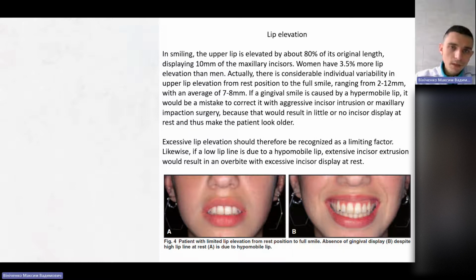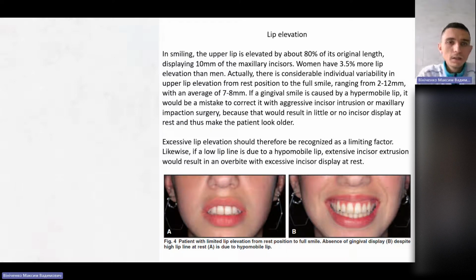If a gingival smile is caused by a hypermobile lip, it would be a mistake to correct it with aggressive incisor intrusion and maxillary impaction surgery, because that would result in little or no incisor display at rest, and thus make the patient look older.